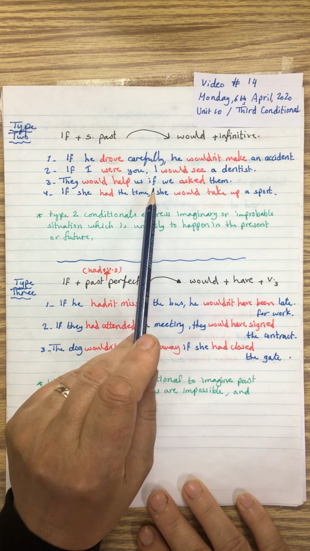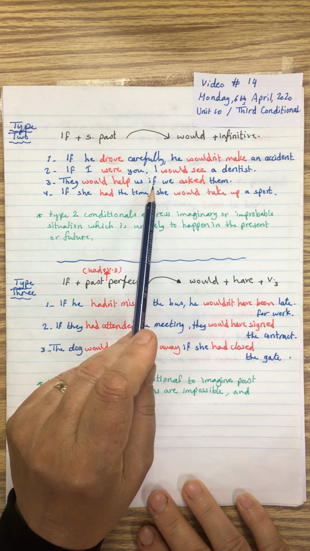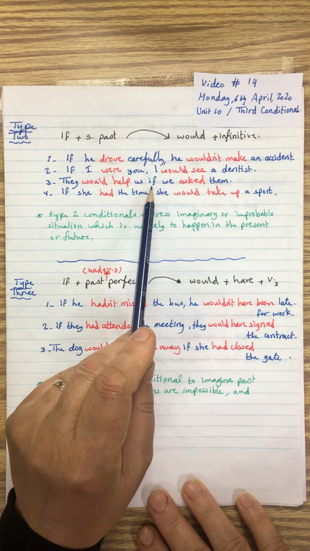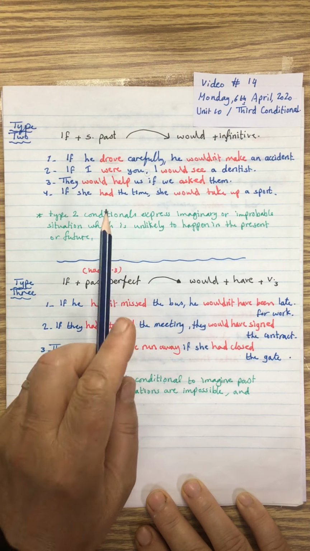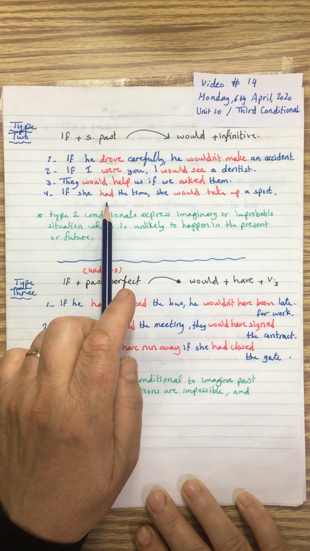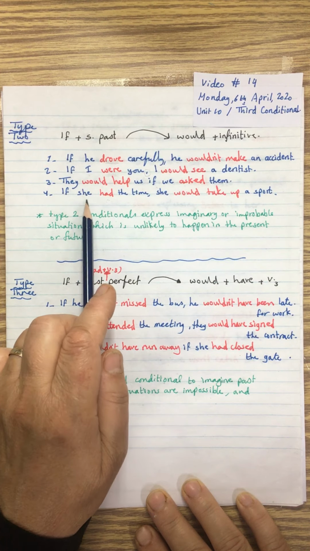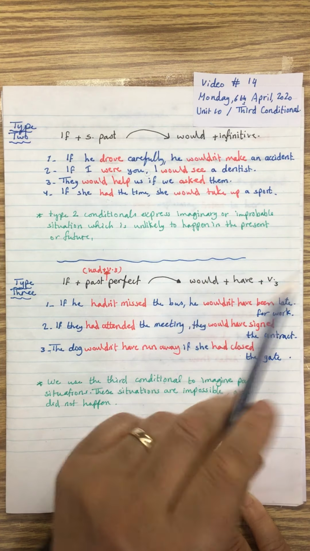The word if takes or replaces the comma. So here in the third sentence, we don't use a comma in the middle. Number 4, if she had the time, and had here is simple past, the past tense of has and have. Be careful. If she had the time, she would take up a sport. This is all for type 2.